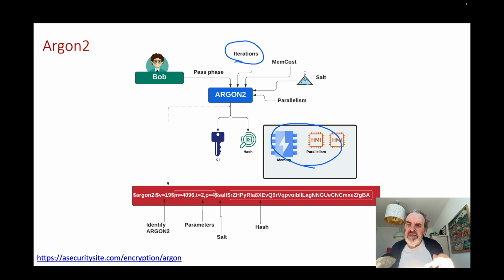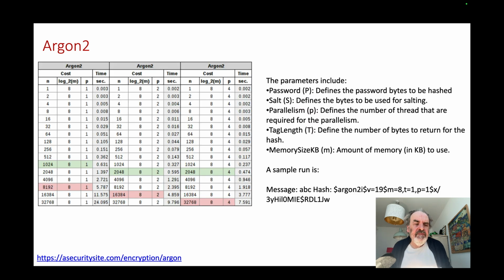It has the number of iterations as we had before, but it also has other parameters such as a memory cost, some salt, and the parallelization factor for the process. Those parameters are then stored in a password database along with the hashed password.